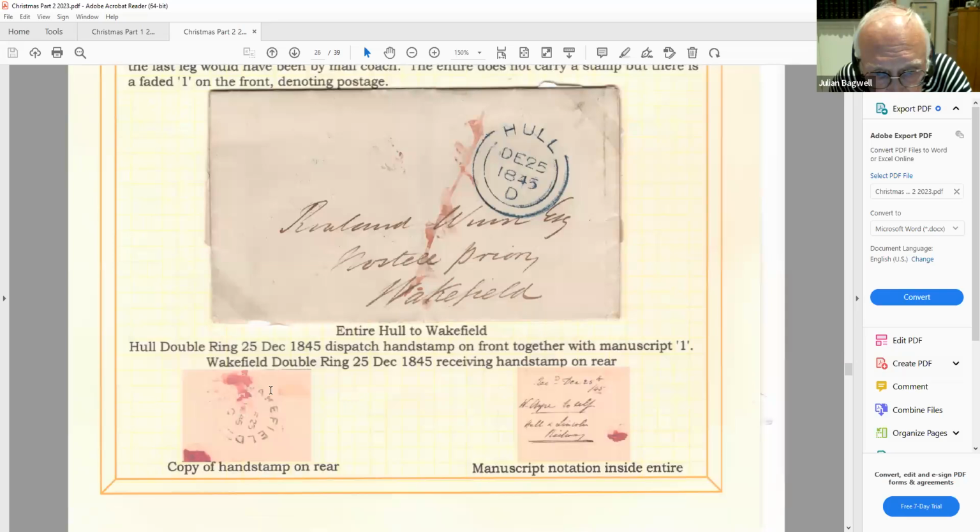But obviously it was accepted as paid. I think you get a lot of variation in paid, prepaid, unpaid, and so on. This one is very poor quality, but you can see the 1 there, and that was obviously accepted as prepaid.